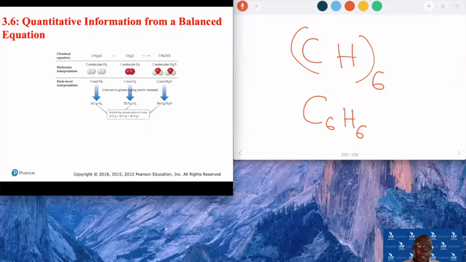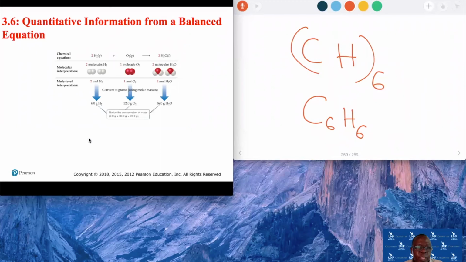You do not interpret a balanced chemical equation by saying 2 grams react with 1 gram to produce 2 grams. It is not like mass, where 1 plus 2 equals 3. No, you don't interpret it that way. You read it as 2 molecules react with 1 molecule to produce 2 molecules, or whatever you are dealing with.